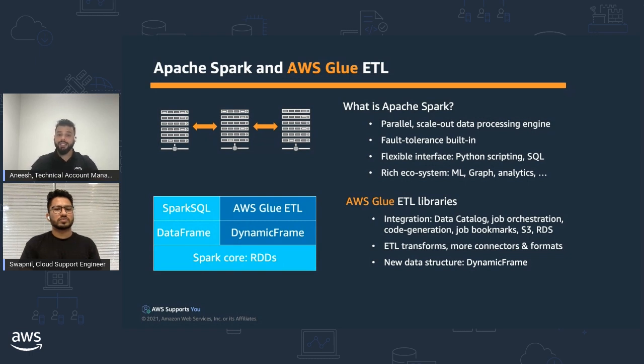Apache Spark itself has a built-in additional data structure on top of it called DataFrames. And DataFrames are optimized for doing SQL-like analytics. Now, in Glue, we have a parallel set of libraries or data structures called DynamicFrame that are optimized for ETL, and a bunch of transformations on top of DynamicFrame that make data cleaning easy.